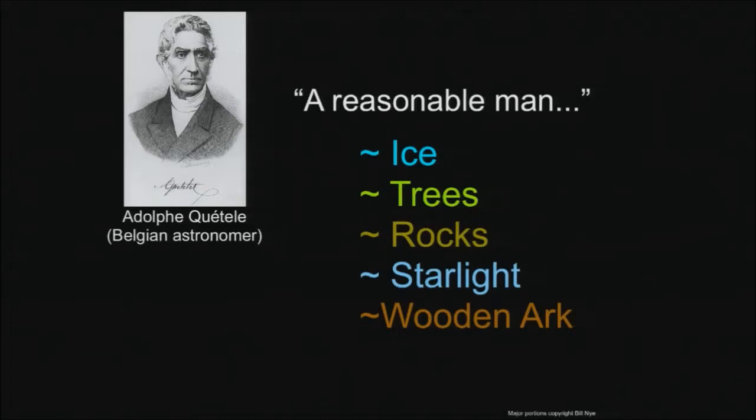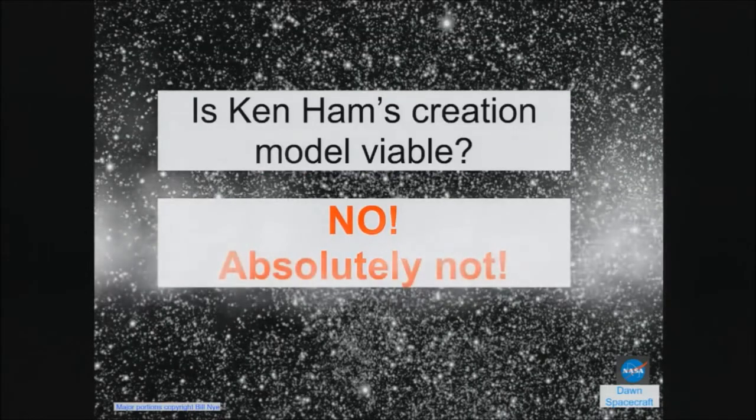That we have rocks with rubidium and strontium and uranium and potassium argon dating that are far, far, far older than you claim the Earth is. Could anybody have built an ark that would sustain better than any ark anybody was able to build on the Earth? So if you're asking me, and I got the impression you were, is Ken Ham's creation model viable? I say no, absolutely not.